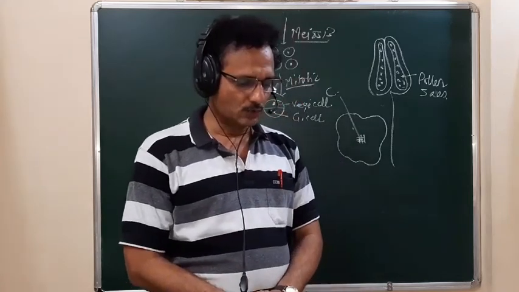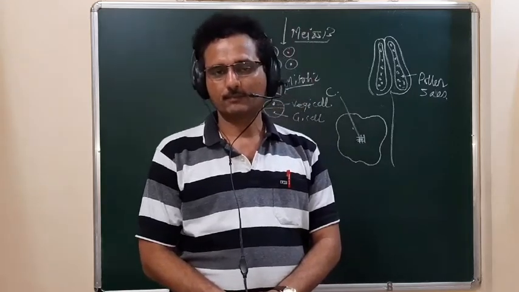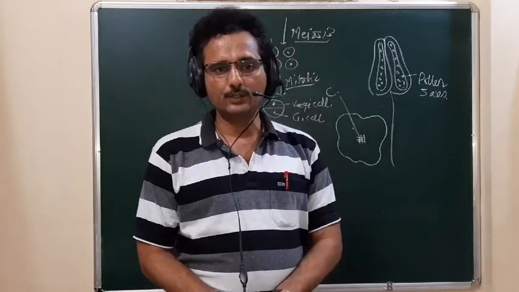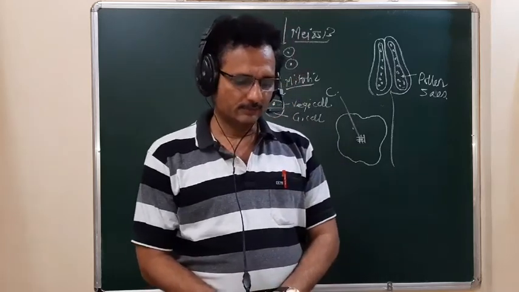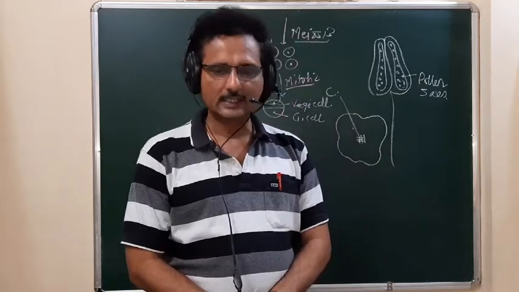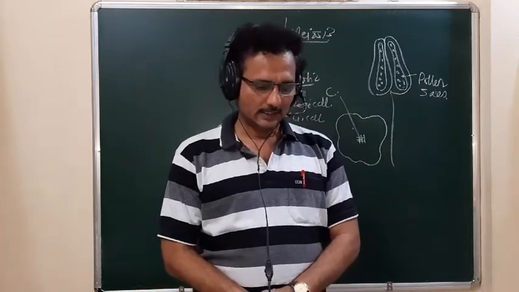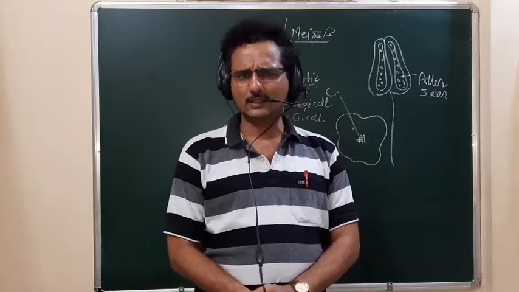The microsporangial initial of anther is: first option archisporium, second option endosporium, third option tapetal cell, and fourth option epidermis. So the third and fourth options are not related to the answer.